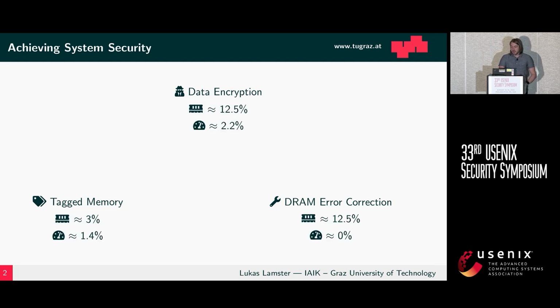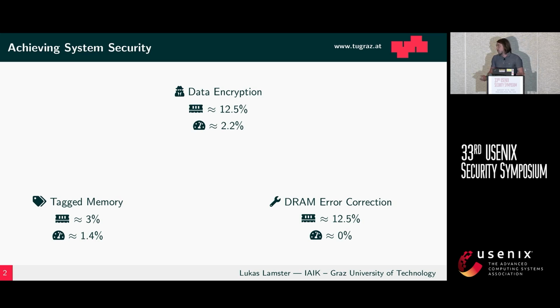But it turns out each of these has some overheads. So data encryption, for example, if I'm using authenticated encryption, I'm having a memory overhead because I need to store the authentication tag. I'm also having a performance overhead because this encryption engine is usually placed on a critical path, meaning each time I'm reading from memory, I actually need to decrypt my data, which means the read will be slower.